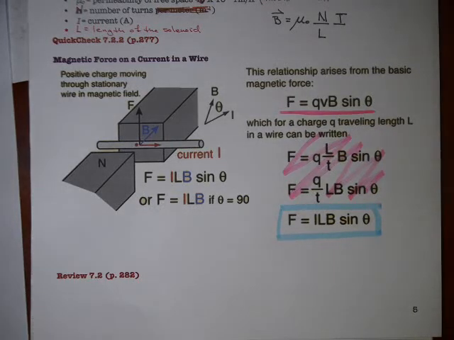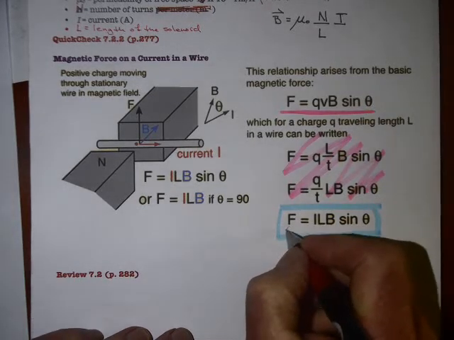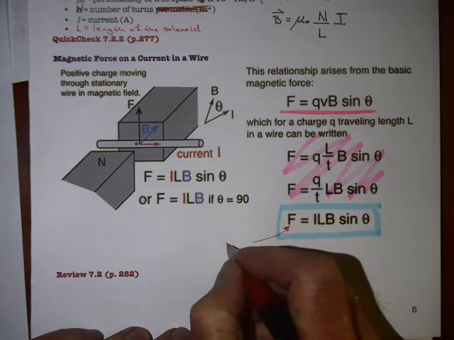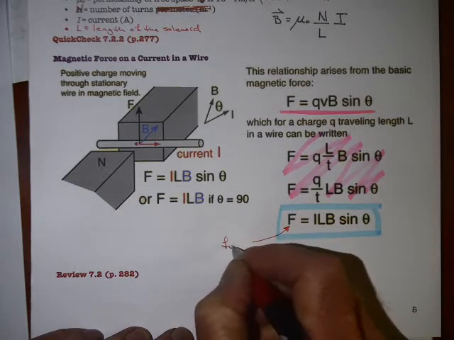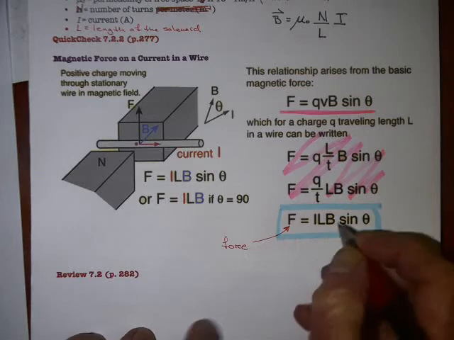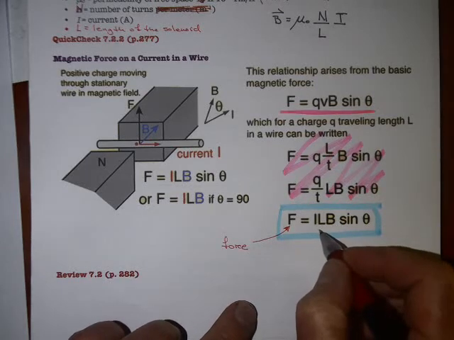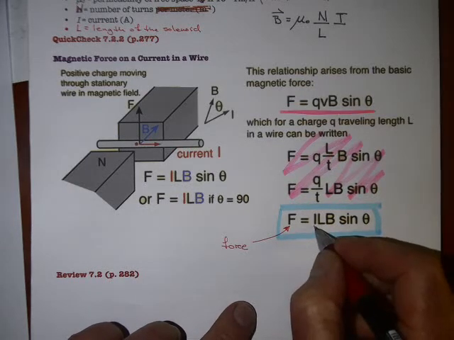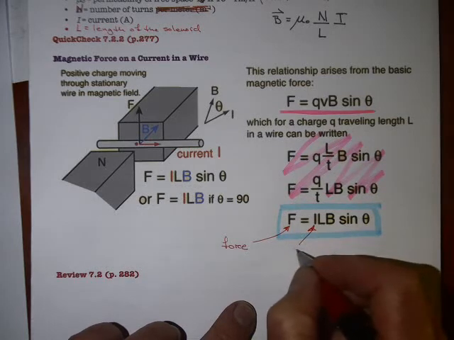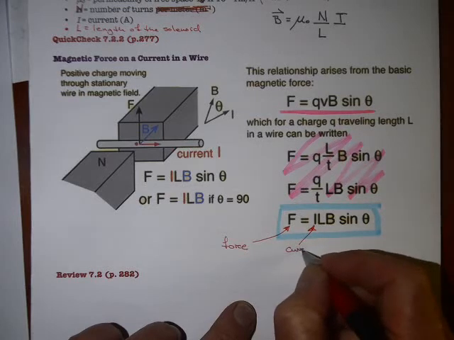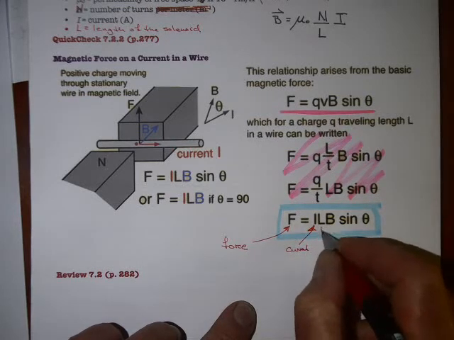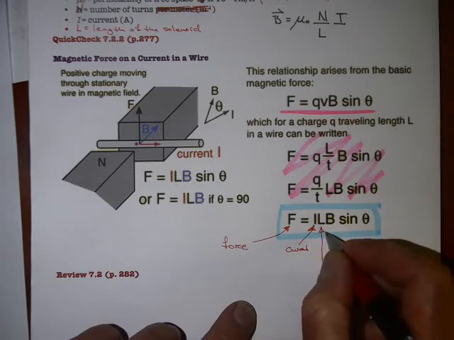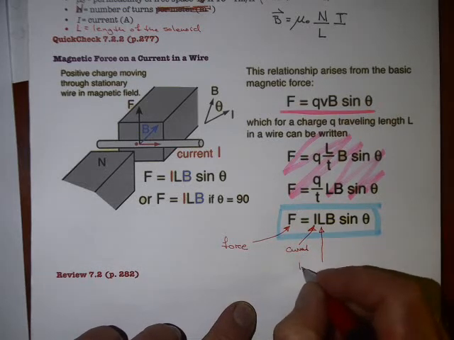So what is all this about? This is the force. This is the current in the wire. This is the length of the wire within the field.